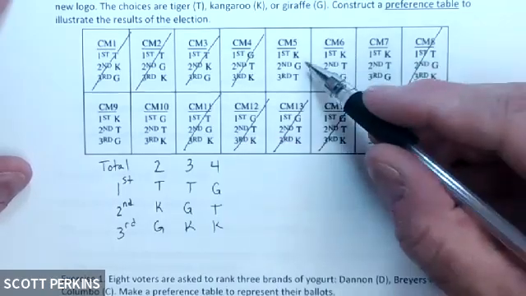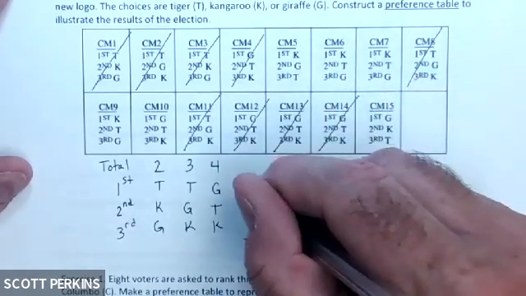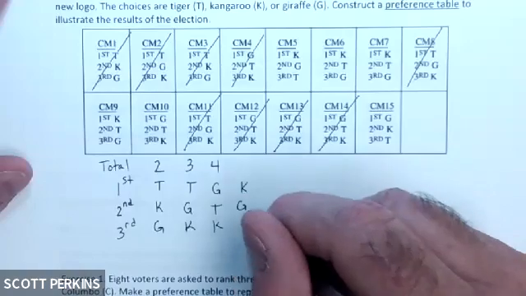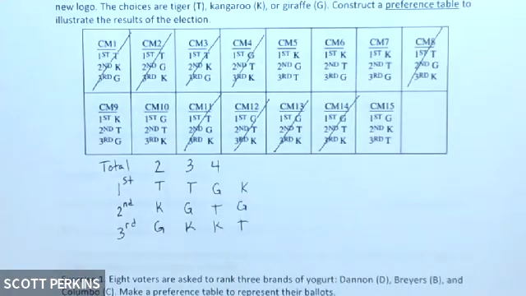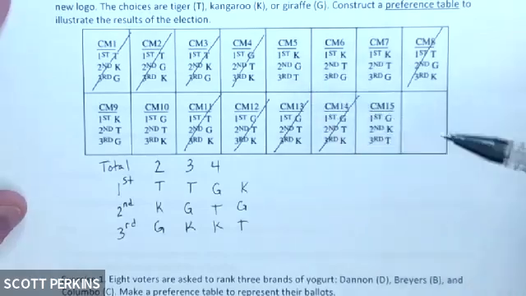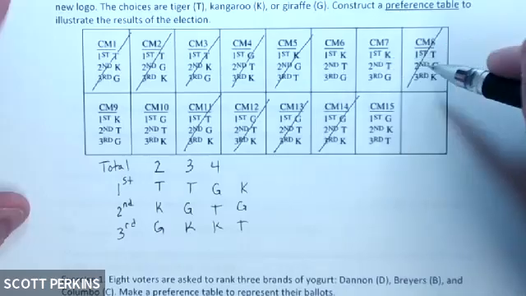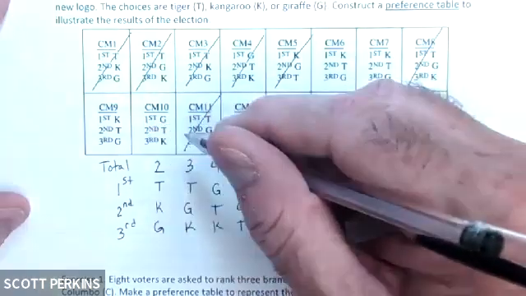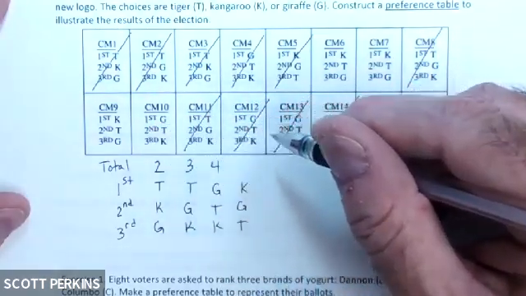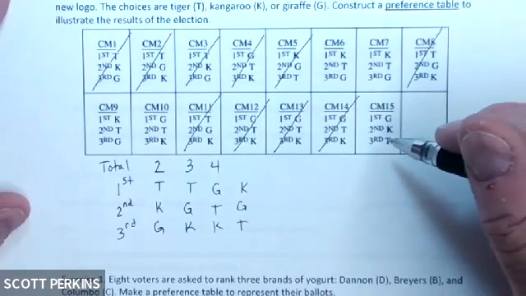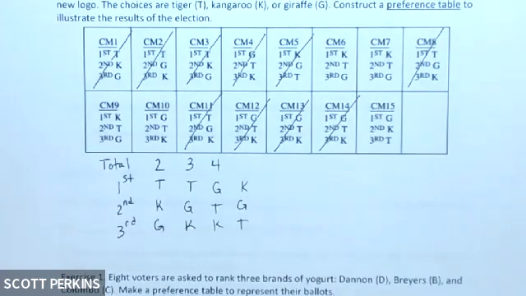The next one I see is KGT. It doesn't matter what order you do these columns in. I'm just going in the order that I see them, but if your brain is like, I want them in a different order, that's fine. The next one's KGT, kangaroo, giraffe, tiger. So KGT here. What's that? It is.